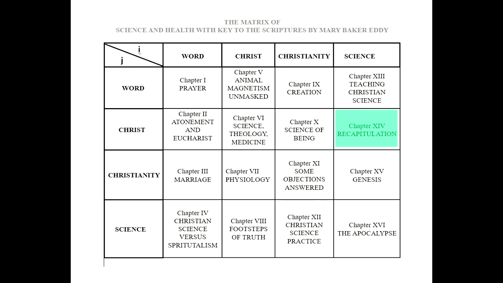And we know that that chapter is the basis of the teaching of the primary class in Christian Science, that it starts really with the great question, what on earth is God? What is God anyway?